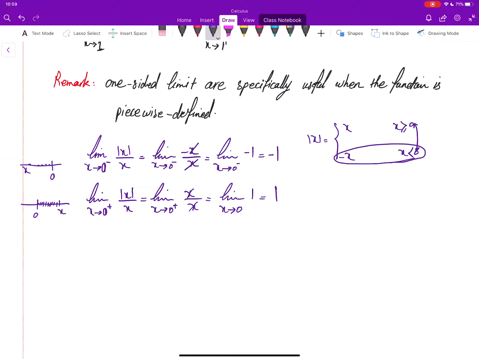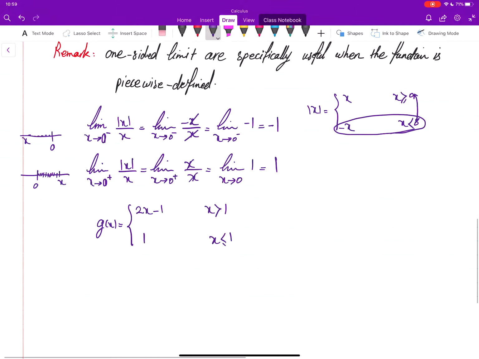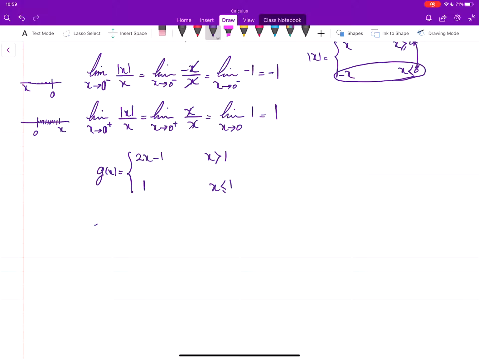Or, for example, if a function is given like g of x, which is equal to 2x minus 1 for x bigger than 1, and for x less than or equal to 1, it is just 1. In this case, the limit of g of x as x goes to 1 plus. 1 plus means what?